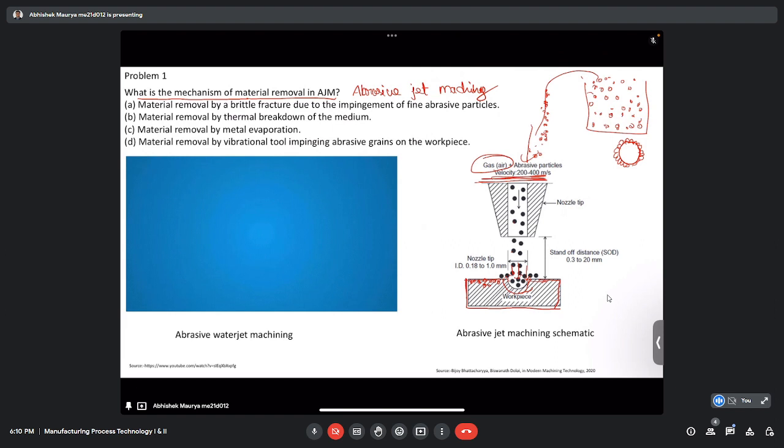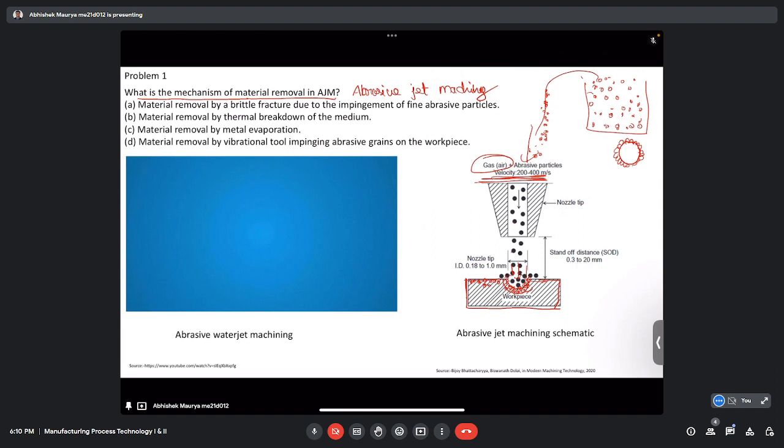In this way, localized brittle fractures take place, and material gets removed with the high jet of abrasive.